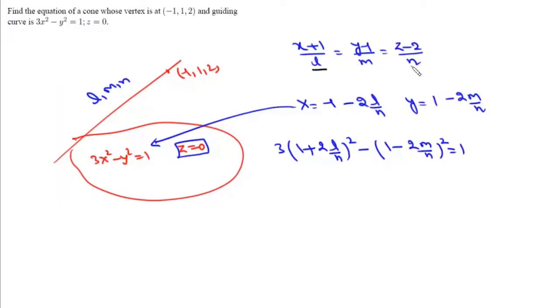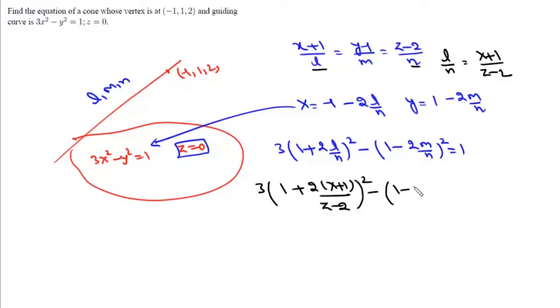Now this L by N will be (x plus 1) upon (z minus 2), so it will be 3 times (1 plus 2(x plus 1) upon (z minus 2)) square, and minus (1 minus 2 times M by N, which is (y minus 1) upon (z minus 2)) whole square, that is equal to 1.